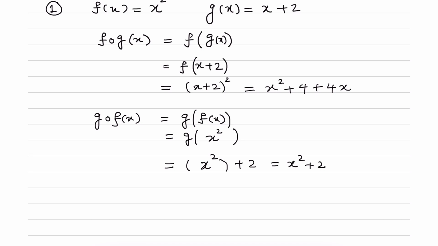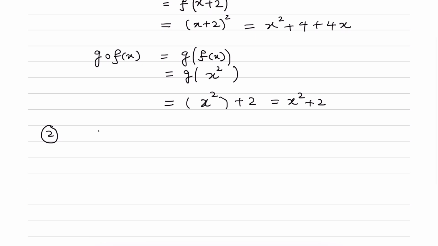Let's look at another example. Here we have f of x equal to x squared, and another function is g of x, which is 1 over x. And we are going to compose f with g. So we will write f ∘ g of x.